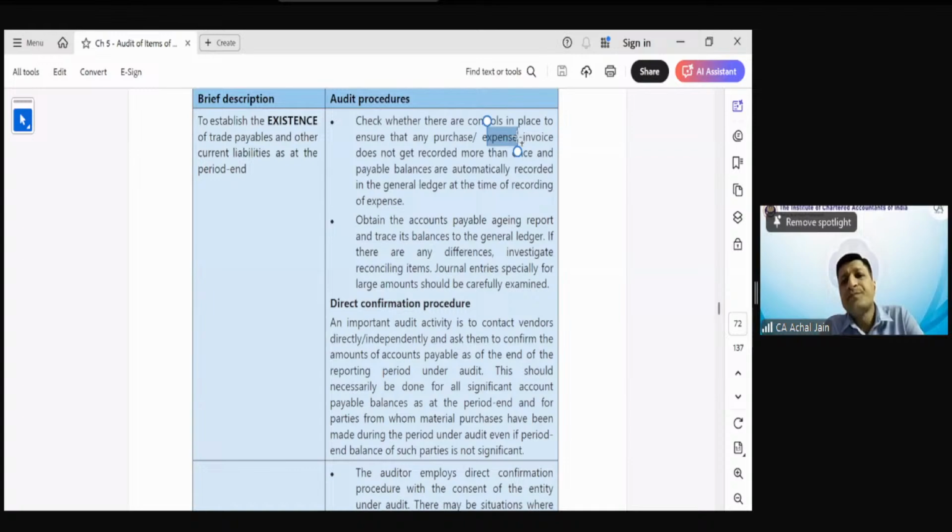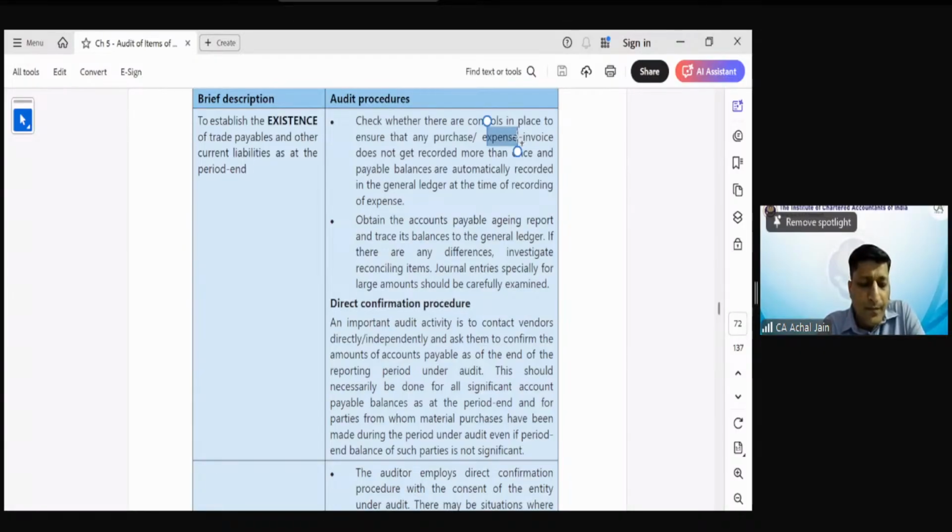So all of these controls, whether those are in place or not. So you look at the RCM, risk control matrix, means whether the controls are in place or not. Then of course you will do the control testing. Control testing will again be done on a sample basis to check whether the controls are operating in an effective manner or not.